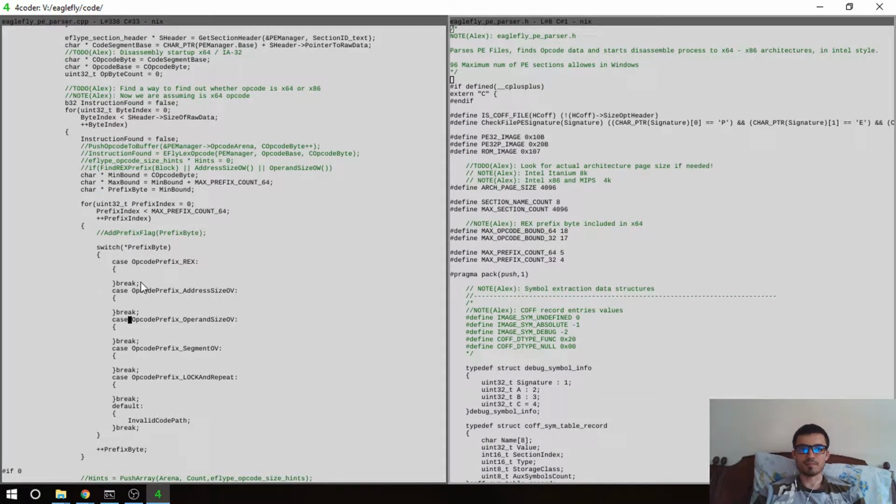These prefixes, or these groups of prefixes, because they are groups, can be put randomly across. The compiler can generate the opcode bytes and put them however it wants.